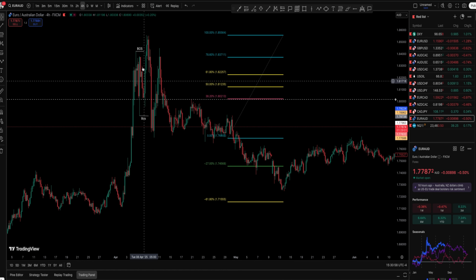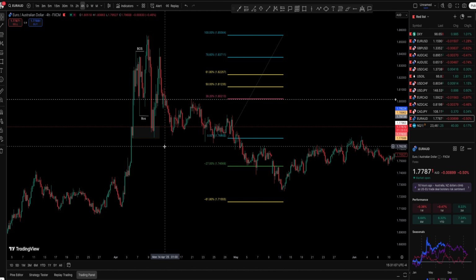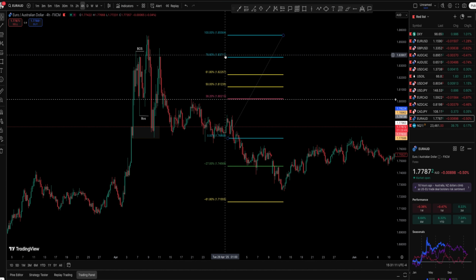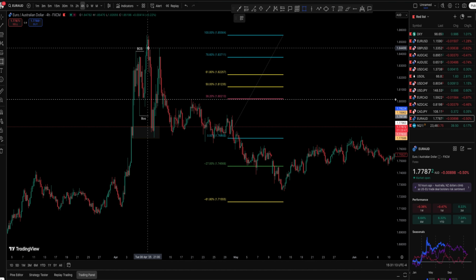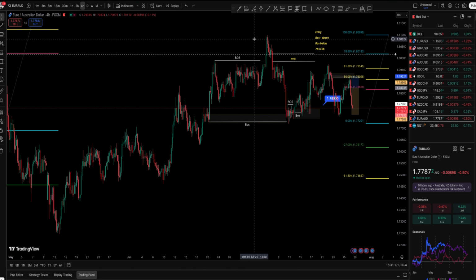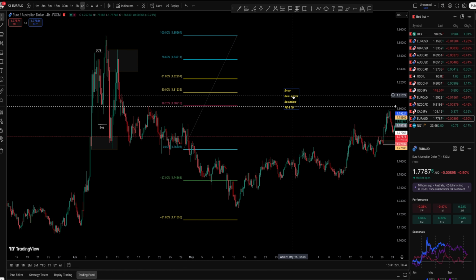If you can't see these two breaks of structure, below and top, then pretty much it is invalid. So that's like an order block. And yeah, 78.6, so you can see it from here.